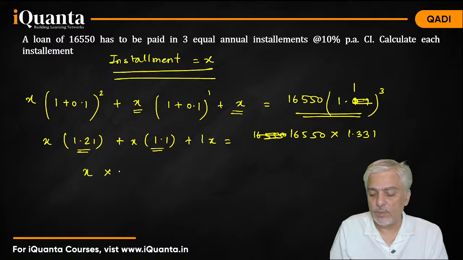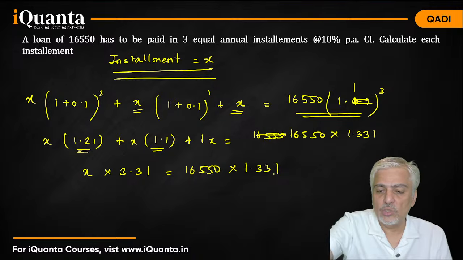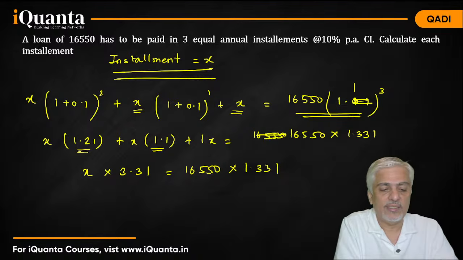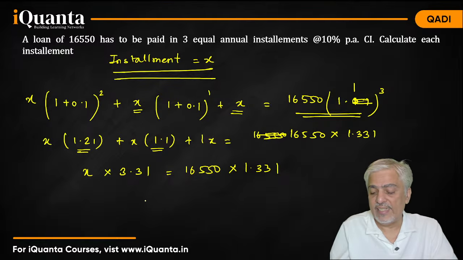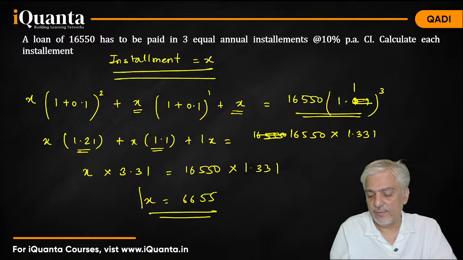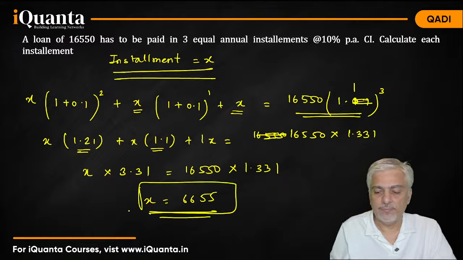So x into 3.31 is 16550 into 1.331. Let's just do the calculations. I'm also going to use the calculator. So 16550 into 1.331 divided by 3.31. You get an exact answer of 6655.